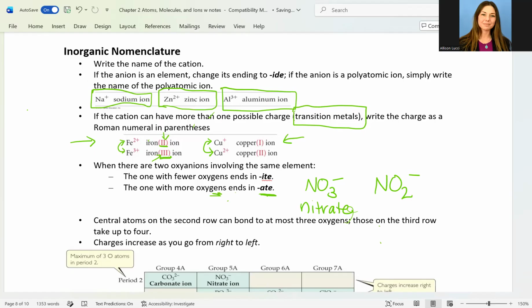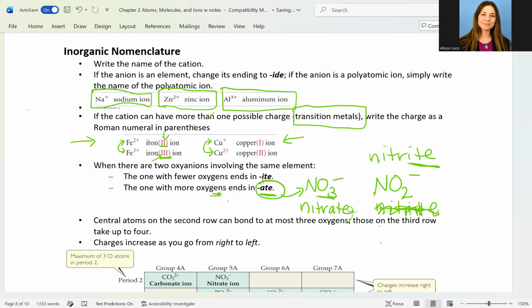The one with fewer, we're going to end with ITE. So this is nitrite, I-T-E. We can see that the endings indicate fewer oxygens in this oxyanion, and more oxygens over here. I commonly say that this one ate an extra oxygen to give us nitrate versus nitrite.